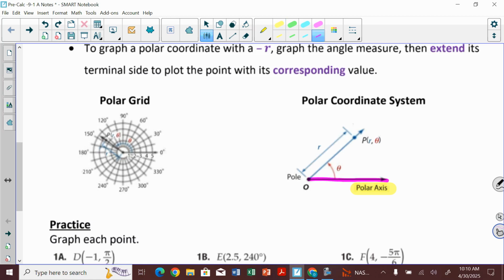And then you've got your point r, theta, and r is your distance right here between your pole, which is your center point, and that point there. And then the other coordinate would be the angle right here.